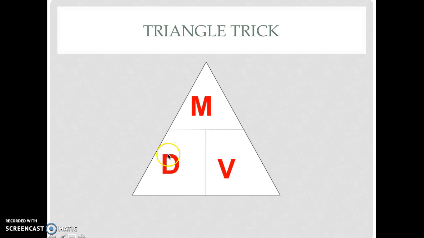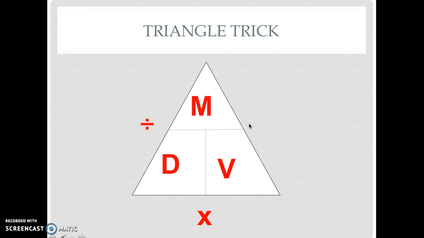If we need to find D, we hide D, so D equals M divided by V. If we want to find V, we hide V, and that is M divided by D. And if we want to find the mass, D and V are side by side, so we multiply D and V. That is density multiplied by volume is equal to the mass.